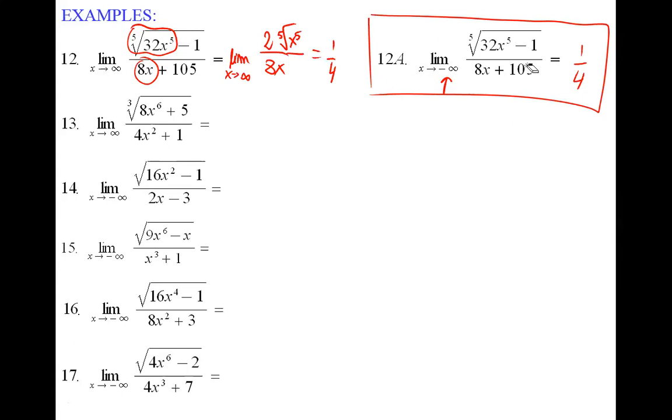Oh, you can type. Oh, 8 times huge negative numbers plus 105. Now, you must know, this is a negative number, right? 8 times negative, but it's huge, plus 105. Okay, that means this will give me a negative number. And if I take a negative number to the power of 5 and the fifth root, I will also have a negative number.